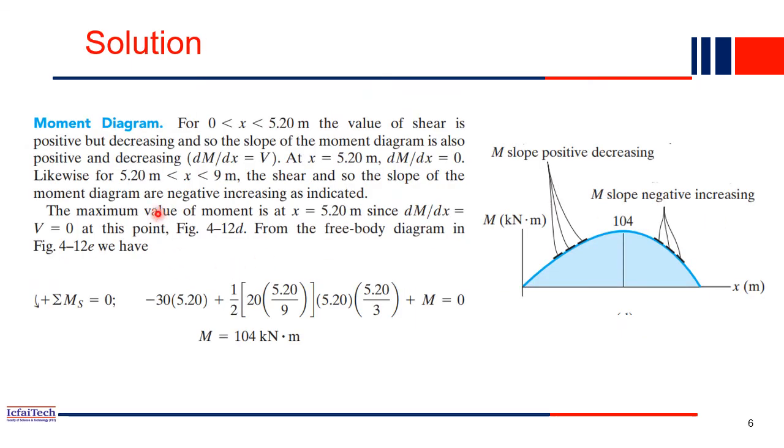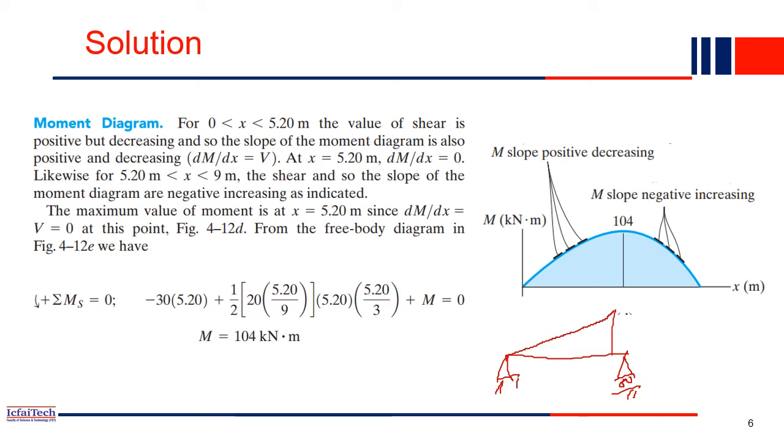Now let's do it for the moment as well. So this is the moment diagram. This is a simply supported beam, right? If you draw the beam again here, one side is a hinge, another side is a roller, and you have a uniformly varying load.